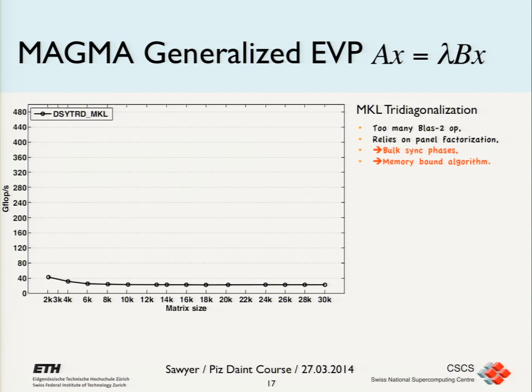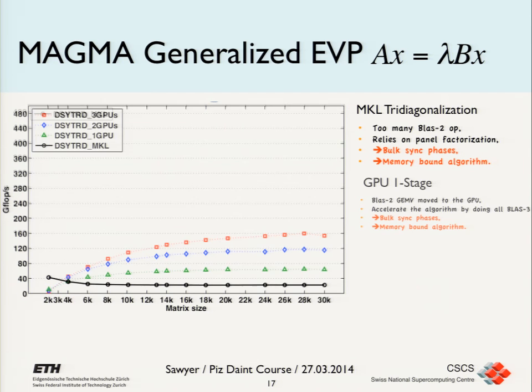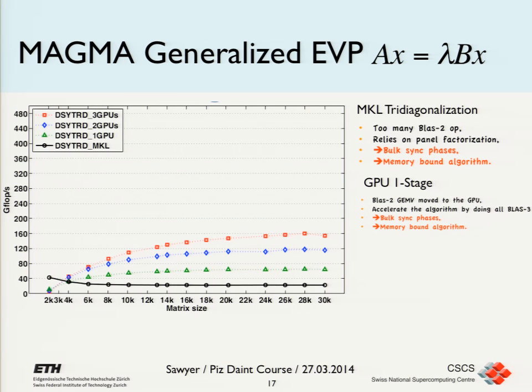Okay, this is work which the ETH, I should say, is involved in. This is the implementation of the first stage of a generalized eigenvalue solver, which is to tridiagonalize a large symmetric matrix. Symmetric square matrix, obviously. And in this first stage, you can do it in different ways. First, MKL.